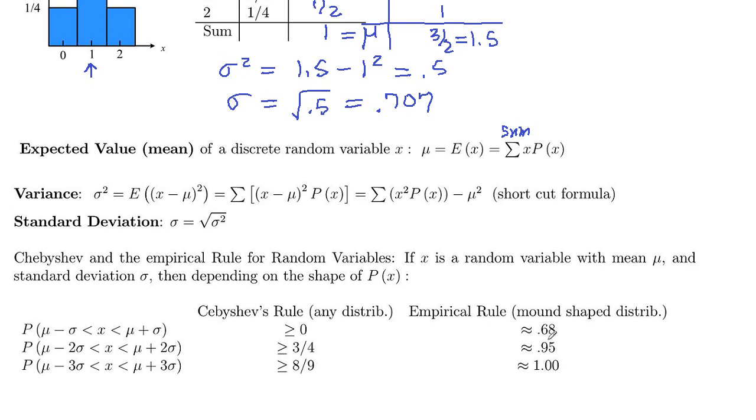For the empirical rule, it's about 68%. Within mean minus 2 standard deviations to mean plus 2, Chebyshev's rule says at least 3/4 of the data, empirical rule approximately 95%. And mean minus 3 standard deviations to mean plus 3, Chebyshev's rule says at least 8/9 of the data. For the empirical rule, it's 99.7%, so almost 100% of the data.